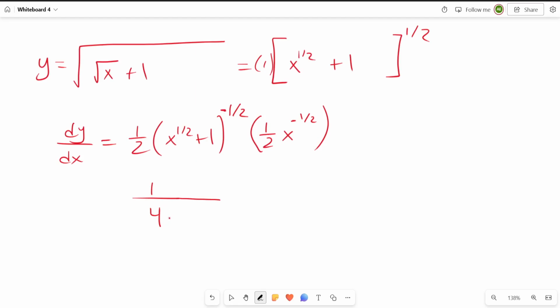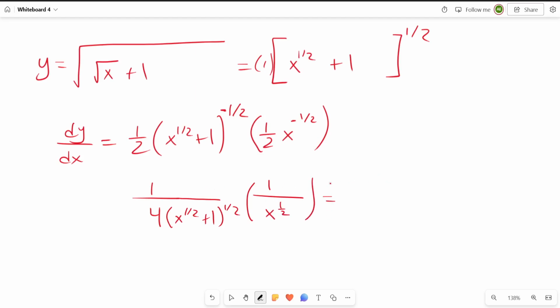So we can bring it down as x power half plus 1 power half, because when we flip this and bring it to the denominator, the power goes from negative to positive. And then this is multiplied by x power negative half, or I can do the same thing. I can bring it down, so basically multiplying by 1 over x power half.